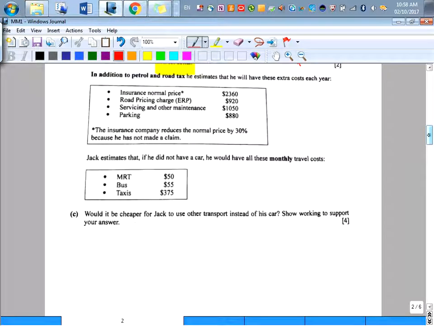Clearly, we need to calculate how much it costs for a year for the car, and then we compare that with public transport. So for a car, annual cost is equals to 70 over 100 times 2360. This is for the insurance.